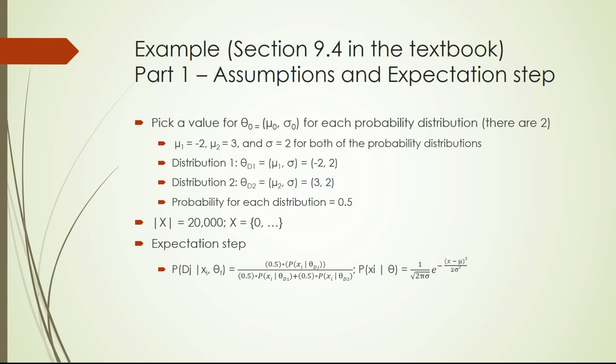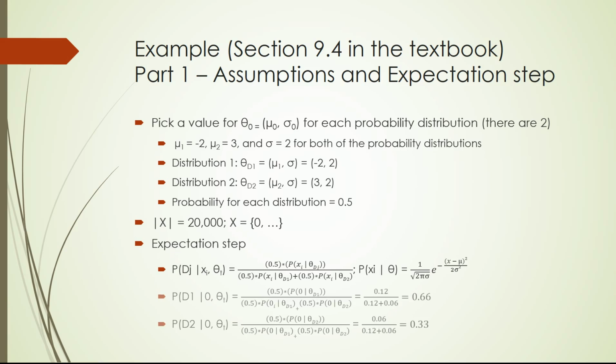The second equation shown is the Gaussian density function and is used to calculate the probability. Here, the probabilities for 0 are calculated for d1 and d2. We can see that the probability that data point 0 will belong to distribution 1 is 66%. As a side note, here we can see that if we had more than 2 probability distributions, the probabilities would need to be calculated for each one.